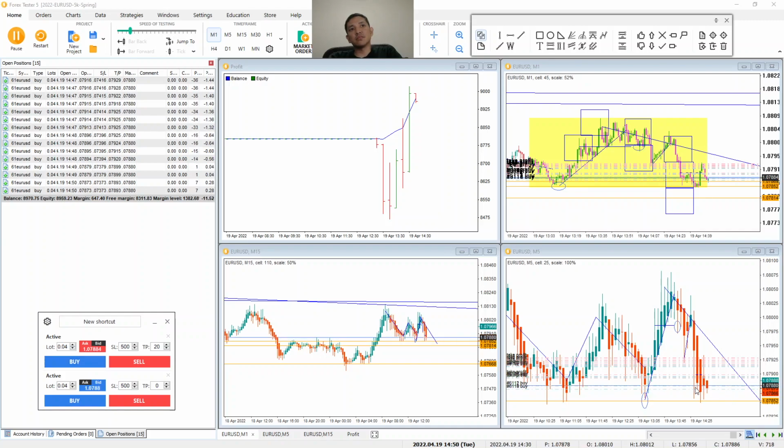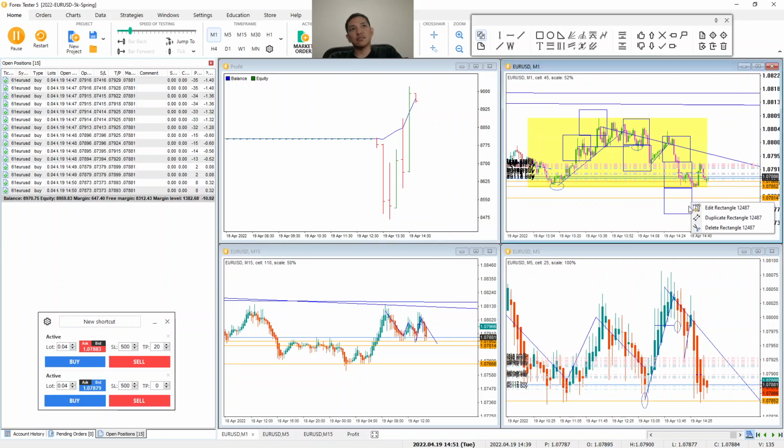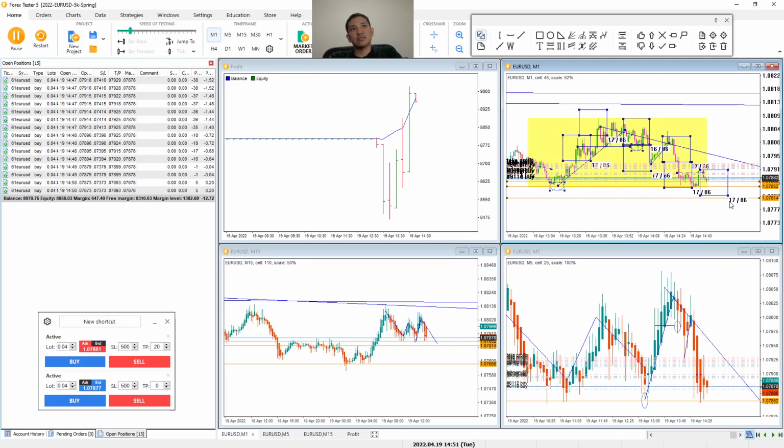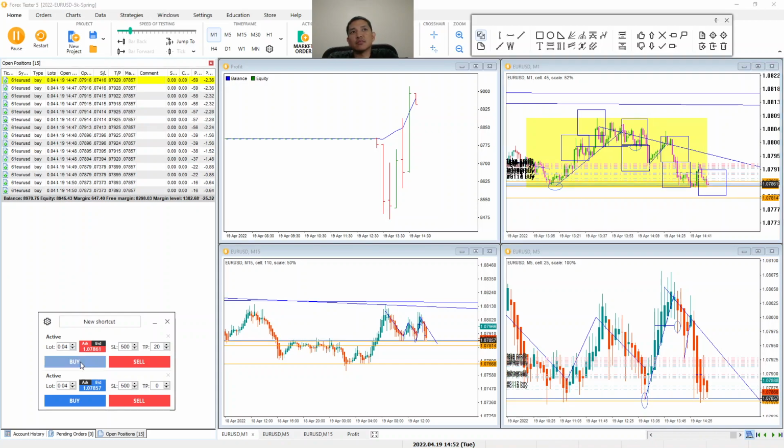But based on this structure, it might just be we're about to drop, because this is just a consolidation right here. You know, it drops, consolidates, and then probably continues down. So add some buys here.